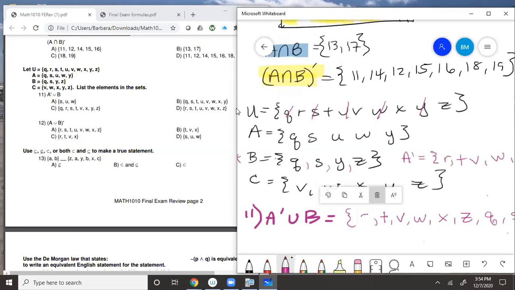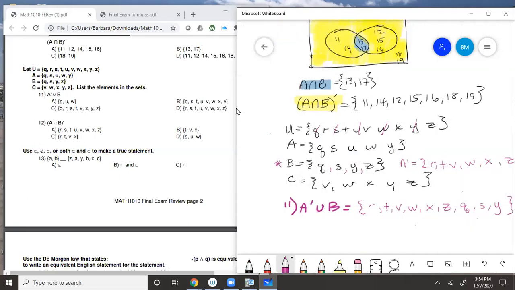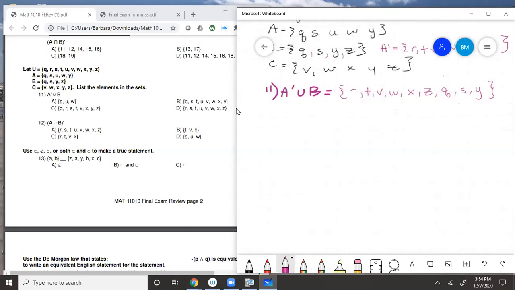I'd rather go by your thinking and put every element in there that should be in there. You can always put it in order. I think it's C. Q, R, S, T, then W, X, Y, Z.